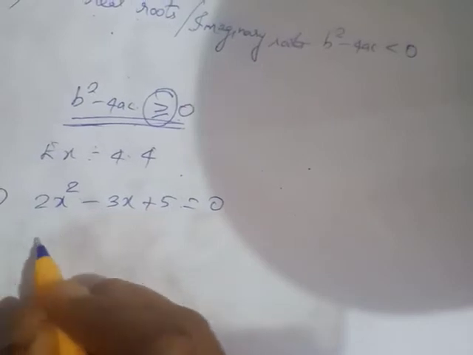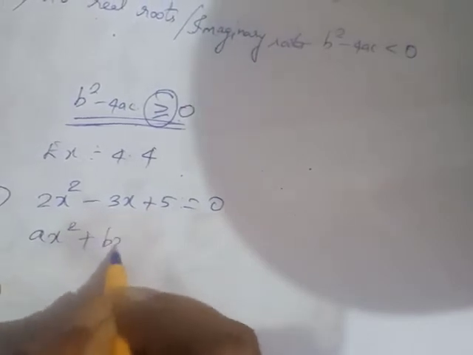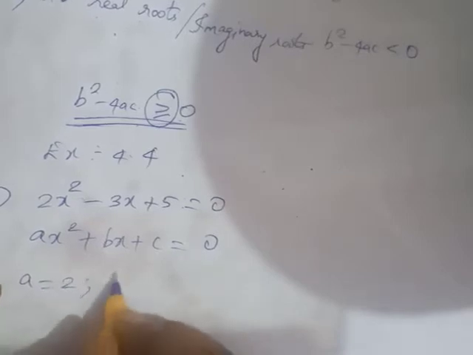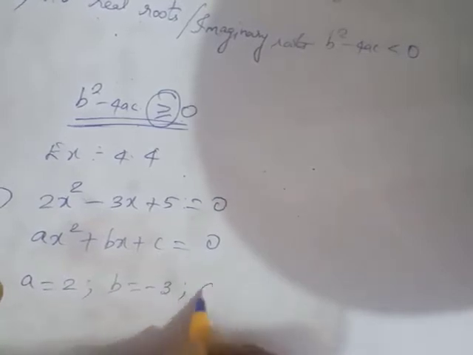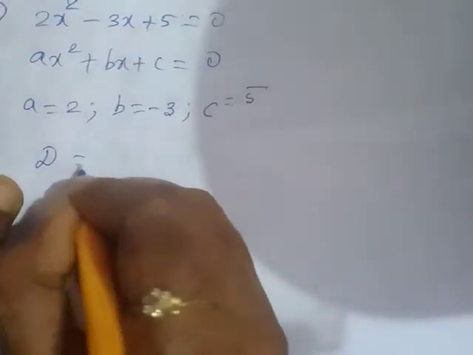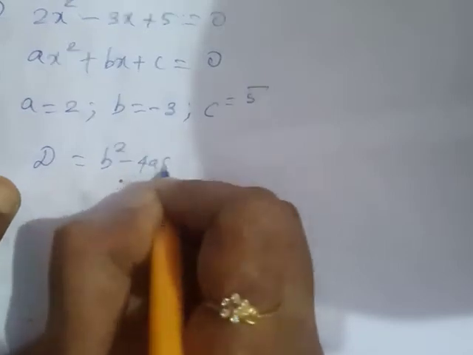Compare this with ax square plus bx plus c is equal to 0. So a value is 2, b value is minus 3, and c value is 5. Find out the discriminant. D is equal to b square minus 4ac.